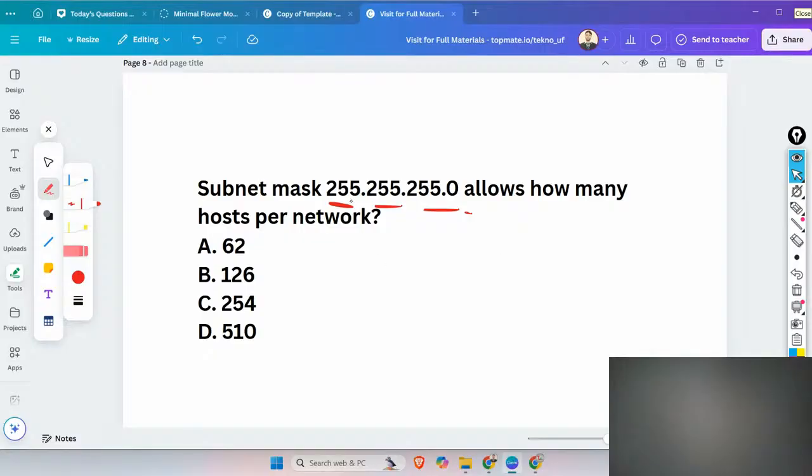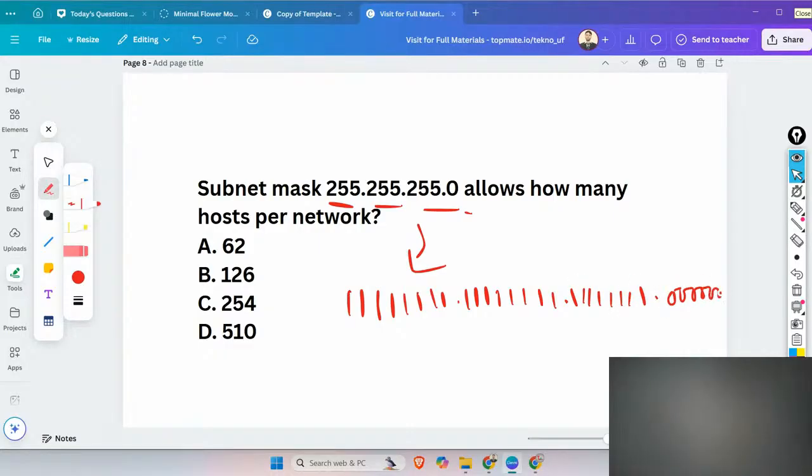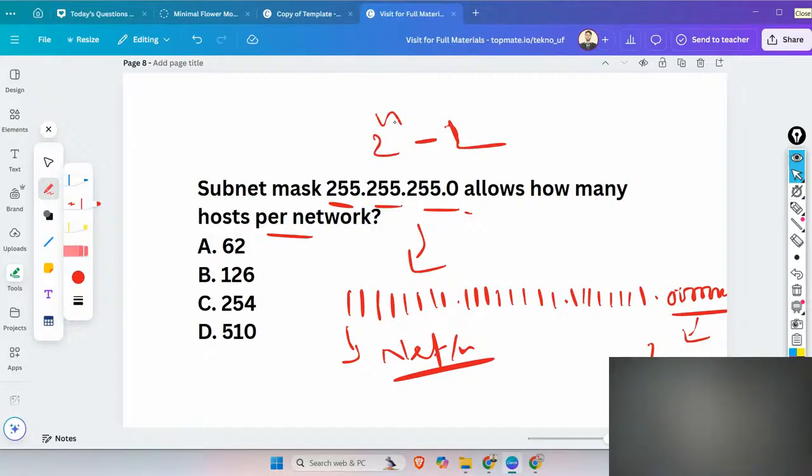How to answer this? If I convert this to binary representation, it becomes 11111111 dot 11111111 dot 11111111 dot 00000000, so 8 zeros. Now you have to know that the ones represent the network and the zeros represent the hosts. How do you calculate the number of hosts? The possible number of hosts is 2 to the power n minus 2. Why minus 2?